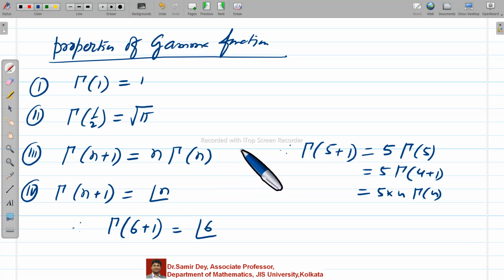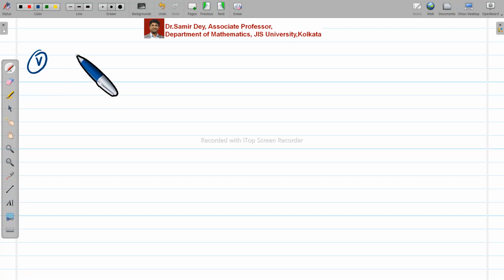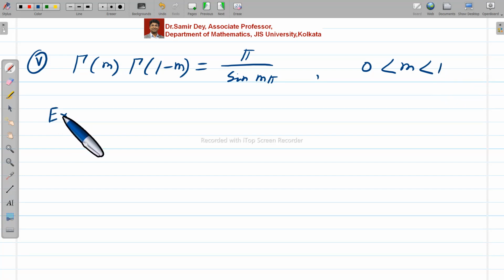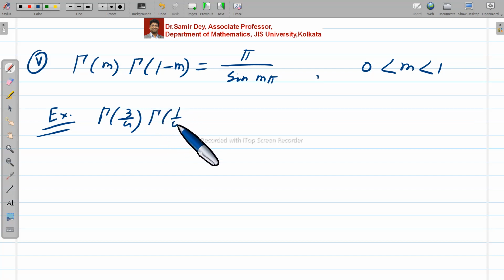Clear? Now you write down another, most important property, number 5: gamma m, gamma 1 minus m is equal to pi by sine m pi. Your m value should lie between 0 and 1. For example, suppose you have gamma 3 by 4, gamma 1 by 4.